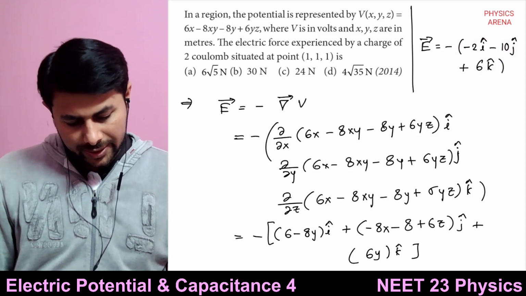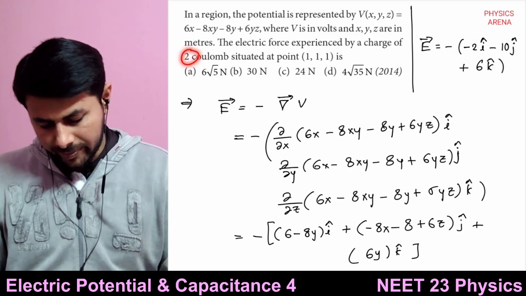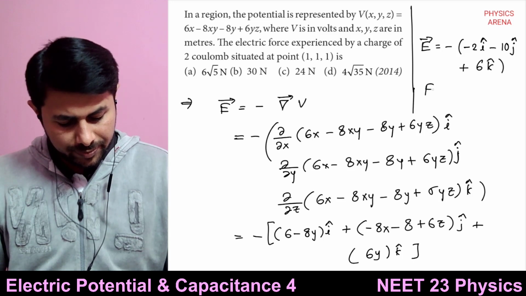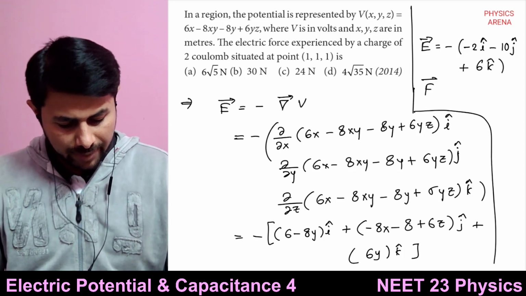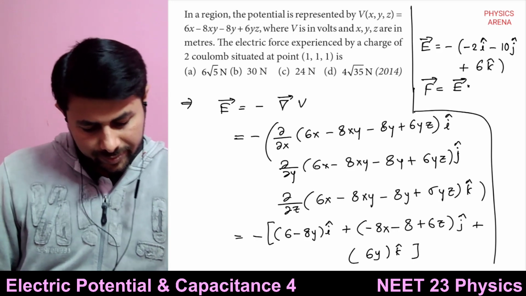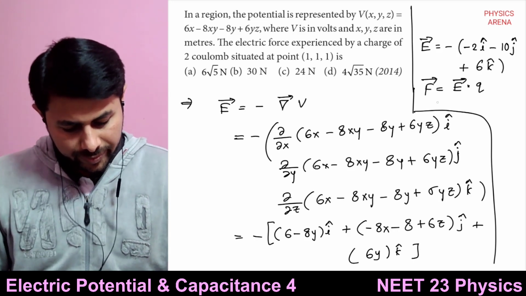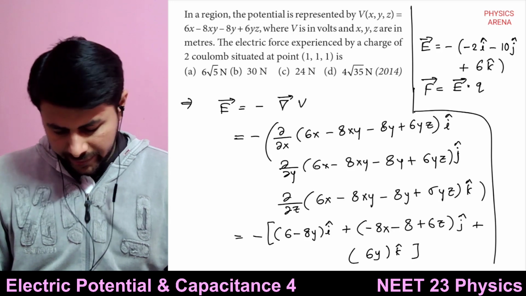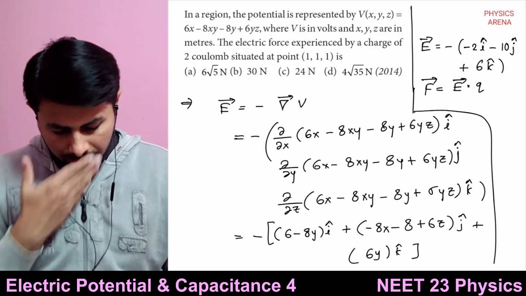We want the force acting on a charge of 2 coulomb. So F bar is equal to E bar multiplied by Q. So that will be 2 times this.